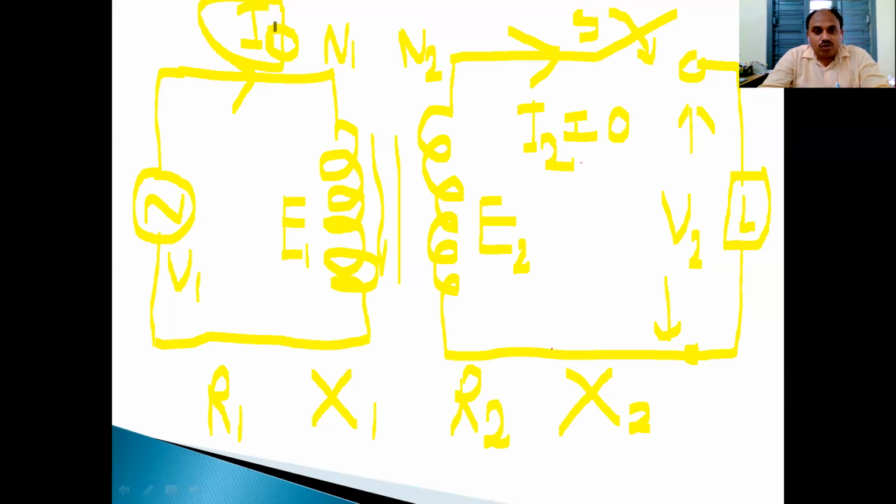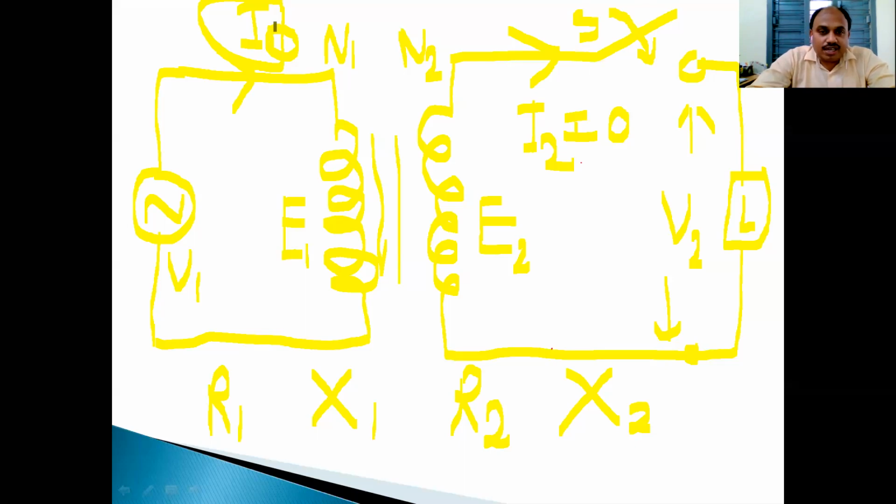The second purpose of the no load current is to meet the no load losses in the transformer, plus a small amount of copper losses that exist in the primary, because when current passes through the primary coil, some copper losses will exist.